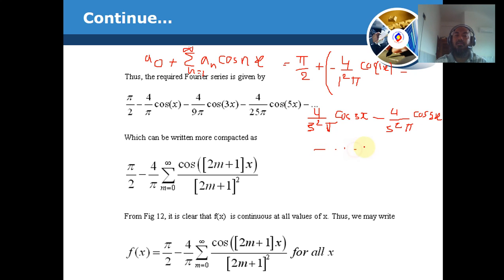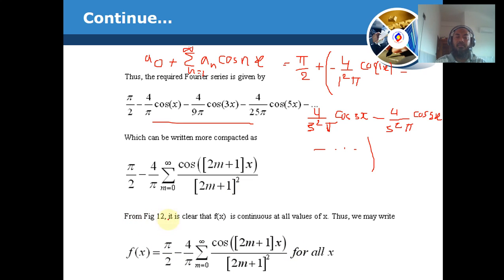So we will get 4, 9, 25, etc., which means we have a more compact answer. From this series we can compact it as pi divided by 2 minus 4 over pi, the sum from m equal to 0 to infinity of cos (2m plus 1)x divided by (2m plus 1) square.